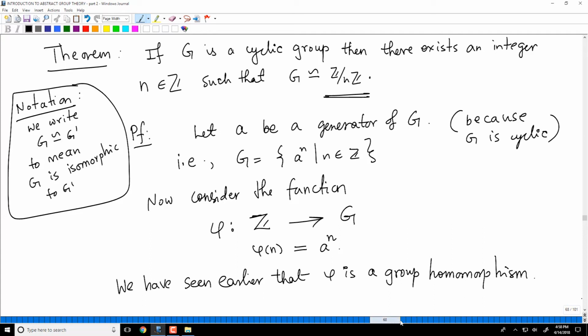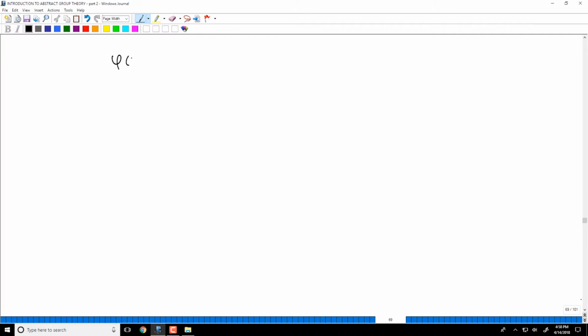Okay, so a quick recall. Remember, we are defining phi of n to be a to the n. We want phi of n plus m. By definition this is a to the n plus m, which is the same as a to the n times a to the m.